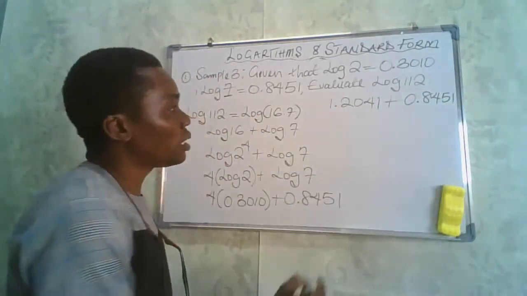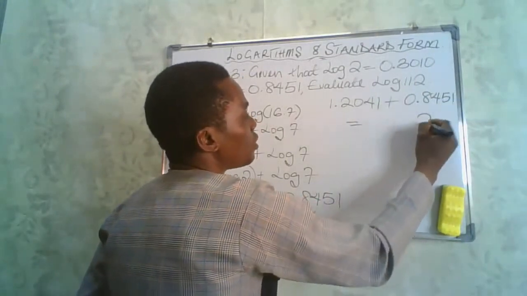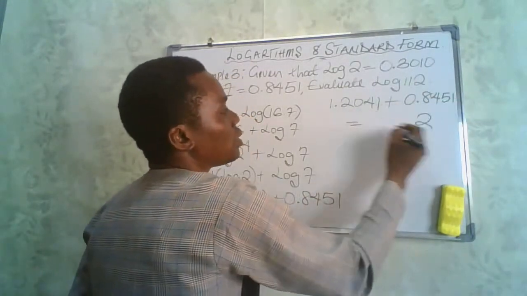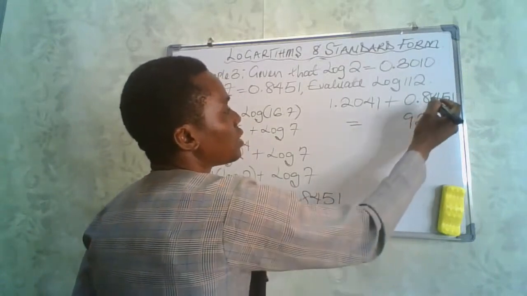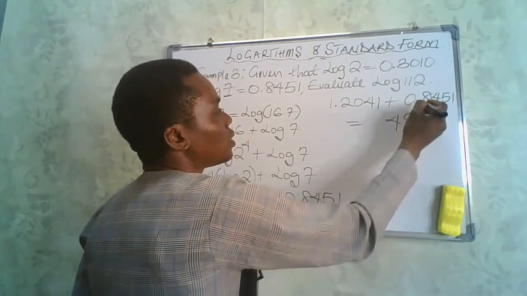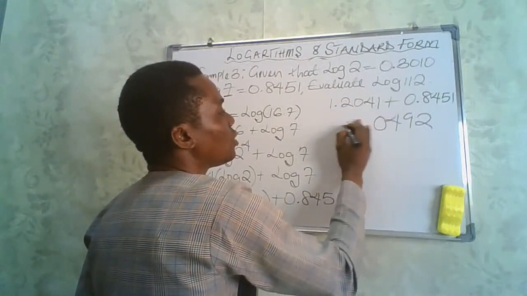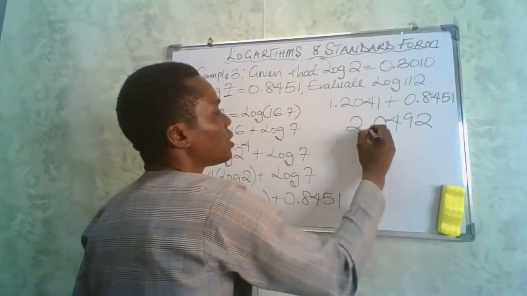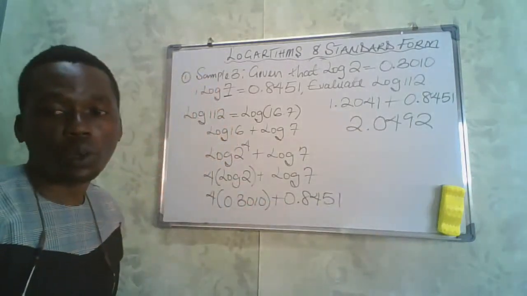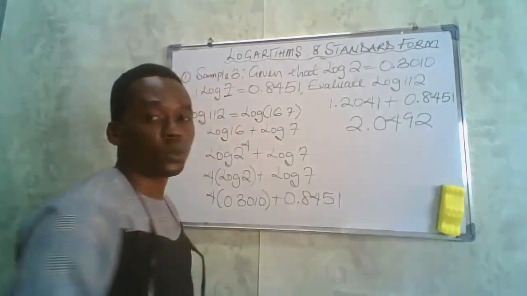If we sum this, this is going to give us 2, this is going to give us 9, this is going to give us 4, this is going to give us 10, and then this is going to give us 2.04992, right?